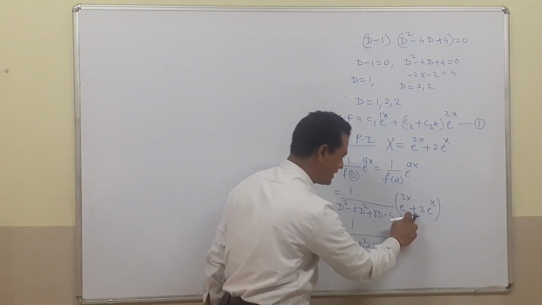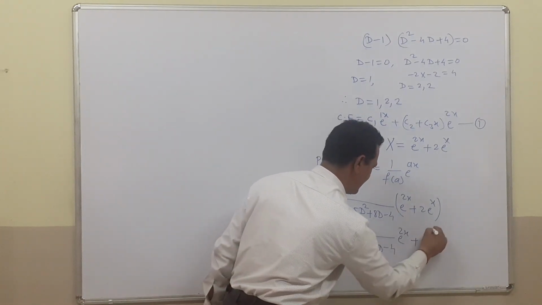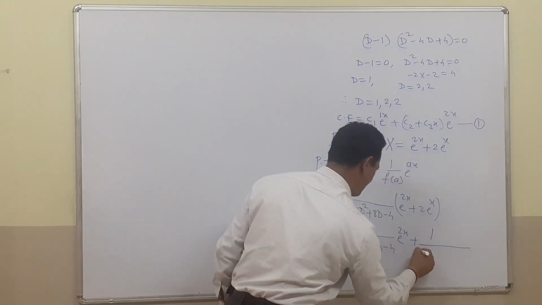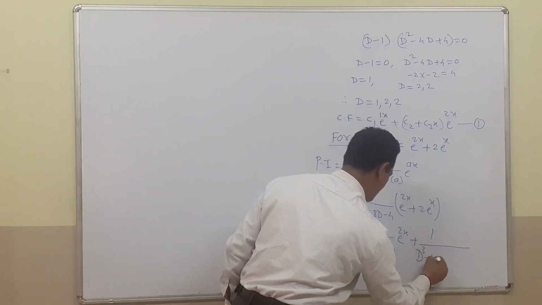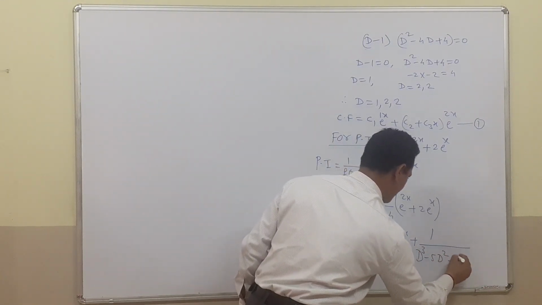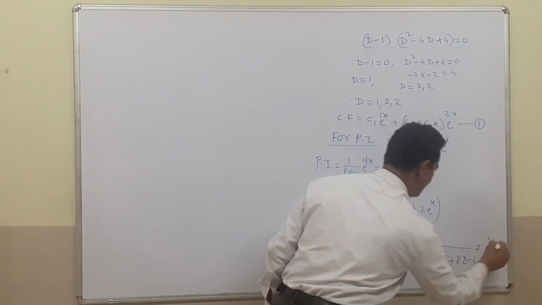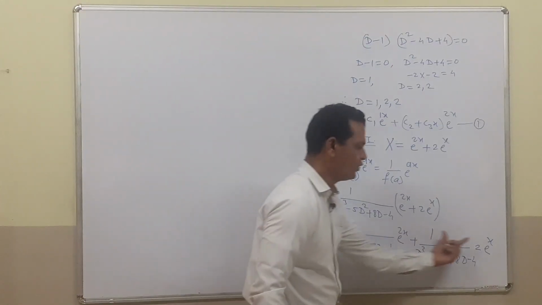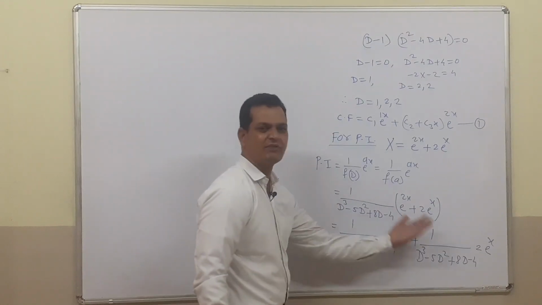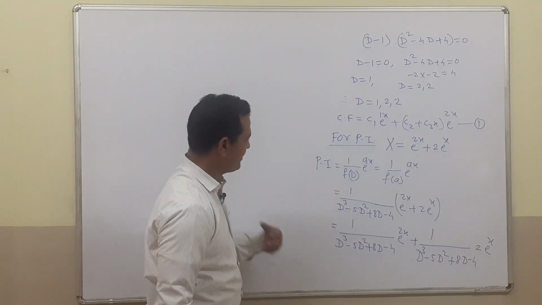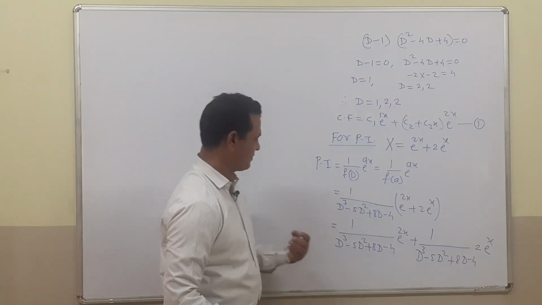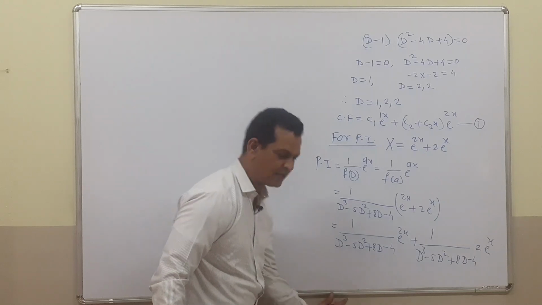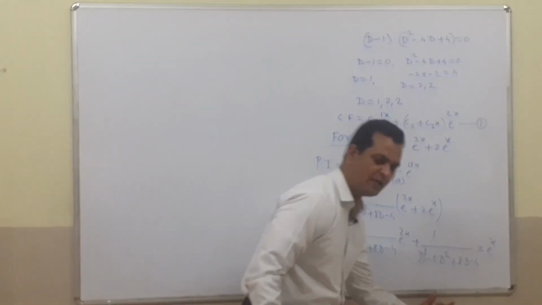The middle sign is plus, so plus 1 upon d cube minus 5d square plus 8d minus 4 into 2 e raised to x. That means we split the value of capital X into two parts. In this way we get the particular integral of this equation. The next step is that you may solve these terms separately, or you may solve these two terms together.